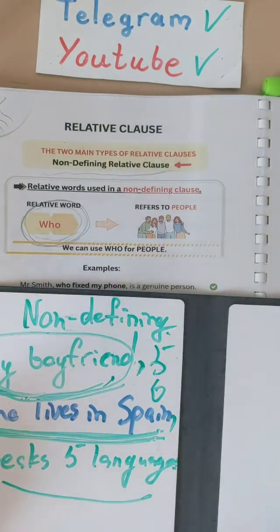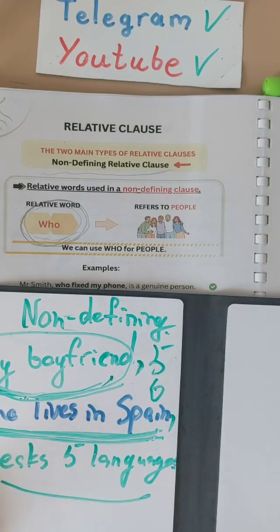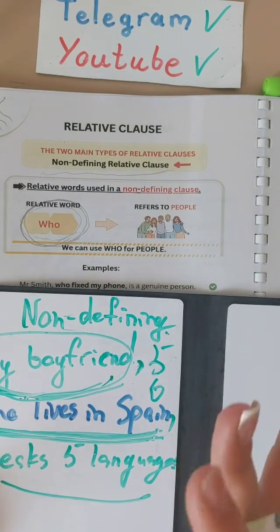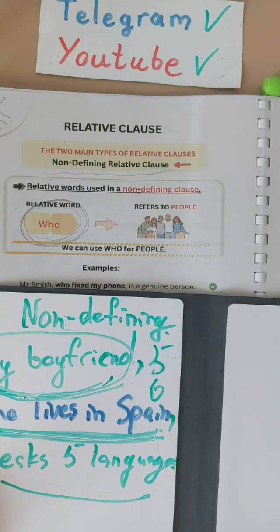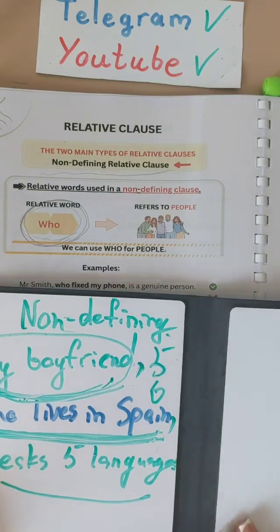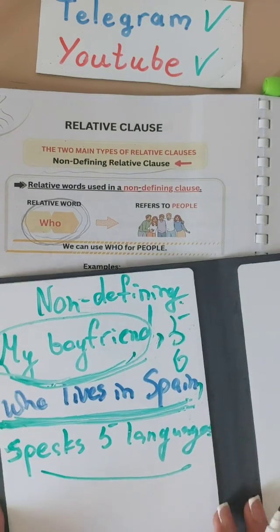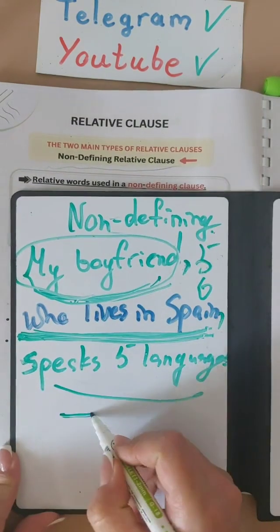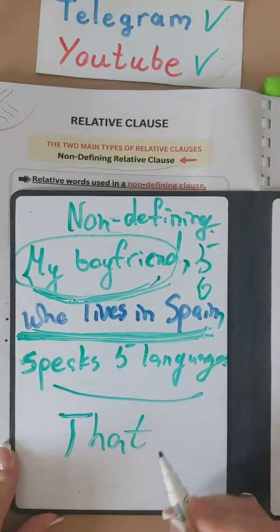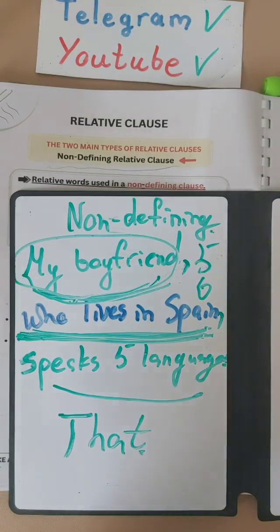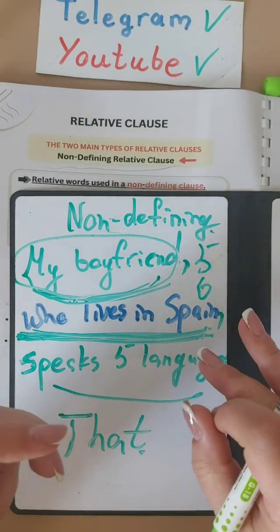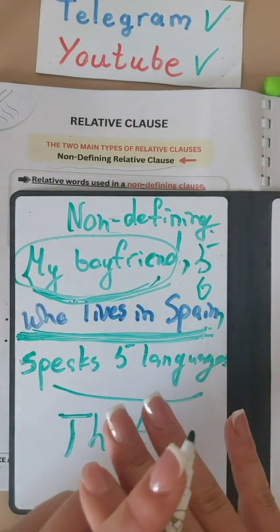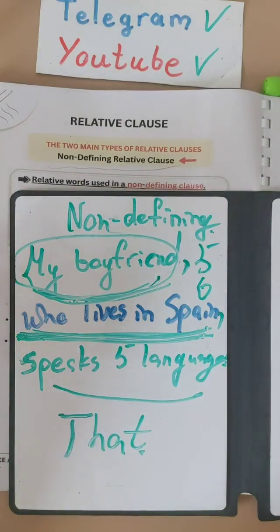Now, when it comes to the relative words, we talked about the relative word king, the king of defining relative clauses, that, right? So with non-defining relative clauses, it's easier because there isn't that. We cannot use the zero relative pronoun, okay?